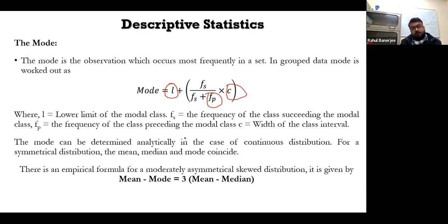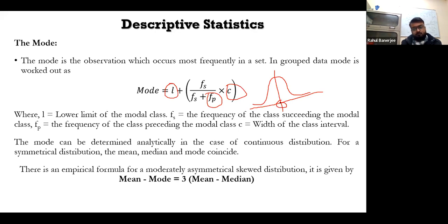For a continuous, symmetrical distribution, the mean, median, and mode will coincide. Symmetrical distribution means the data will follow a normal distribution, giving this kind of graph. In that case the mean, median, and mode coincide at a certain point, say this one.